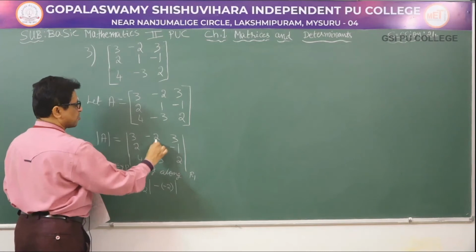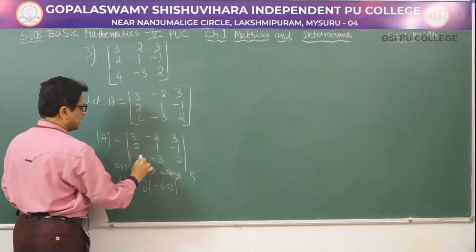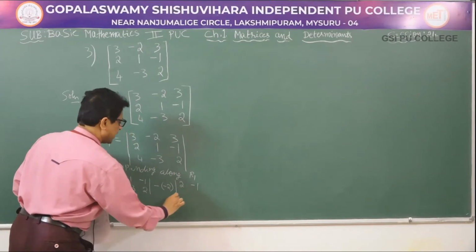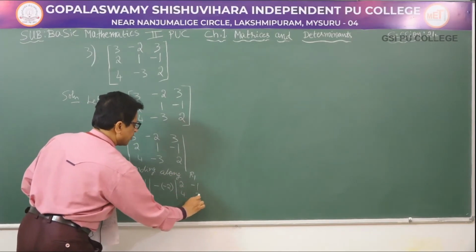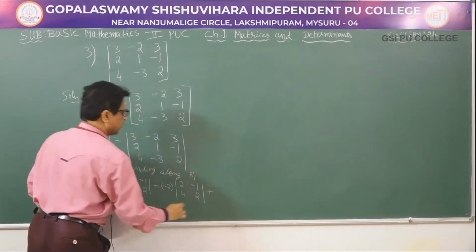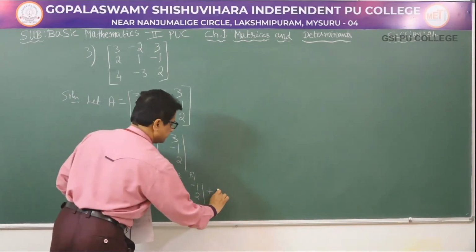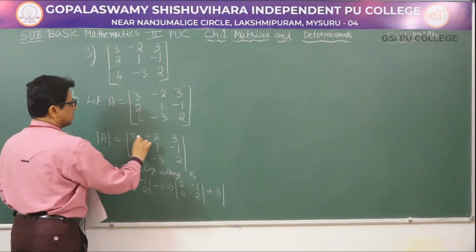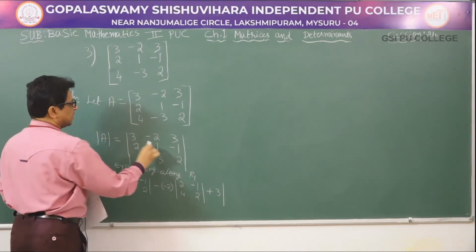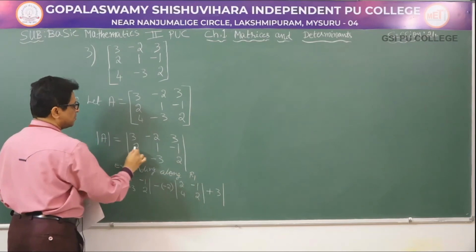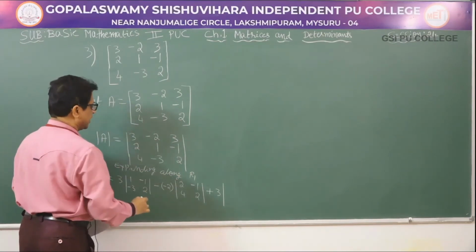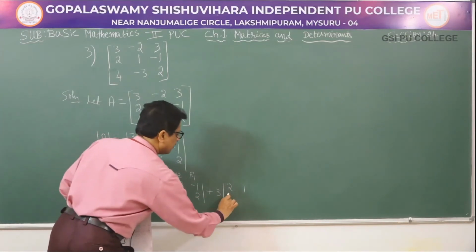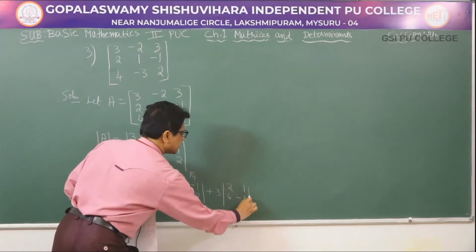We eliminate the first row and second column and take the determinant of the remaining elements. That is determinant of 2, minus 1, 4, 2, plus 3 into, 3 lies in the first row, third column. We eliminate the first row and third column and take the determinant of the remaining elements. That is 2, 1, 4, minus 3.